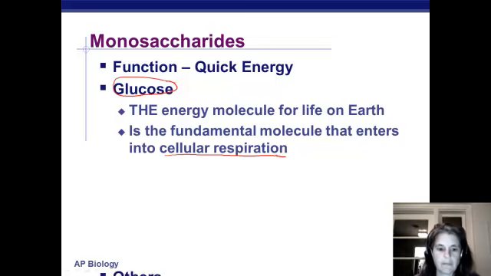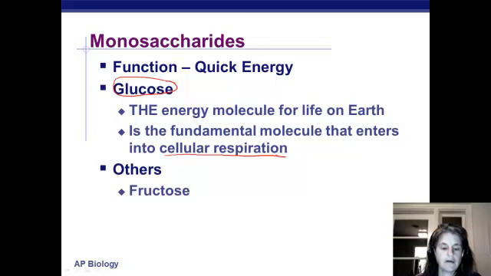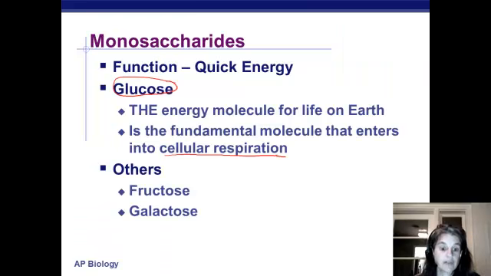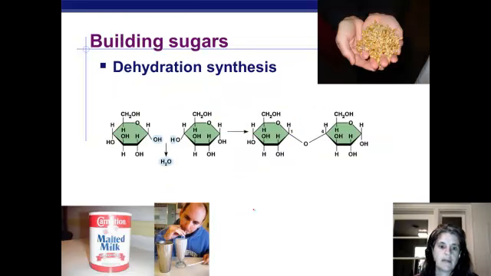It is the fundamental molecule that enters into that process of breaking down food to get energy. There are other monosaccharides. One of them is fructose, one of them is galactose. Fructose is found in fruit. Let me just jot that down. It makes sense. It is the sugar found in fruit. Galactose is one of the sugars found in milk, and we'll talk more about that later on.